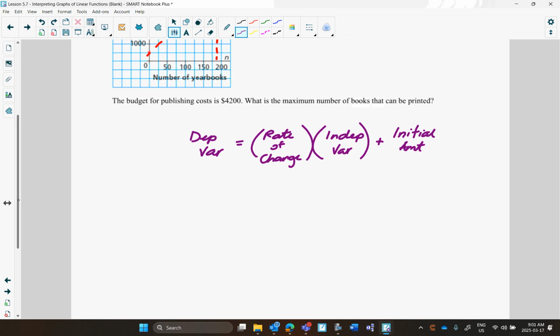I've got most of this stuff already. I can just read it off the graph in front of the question.